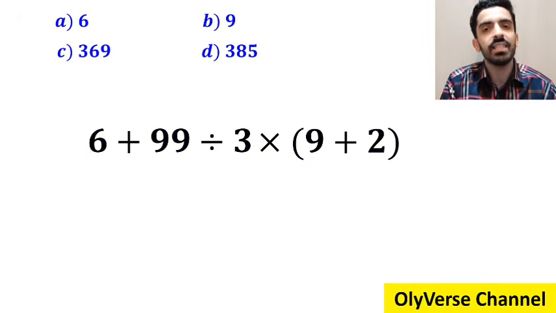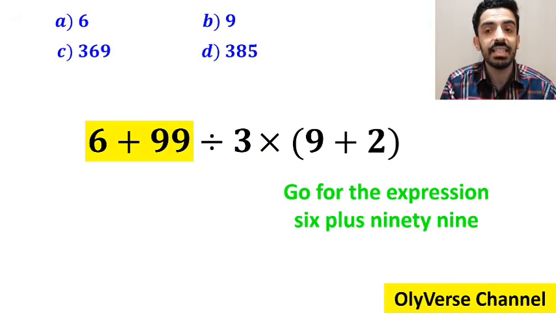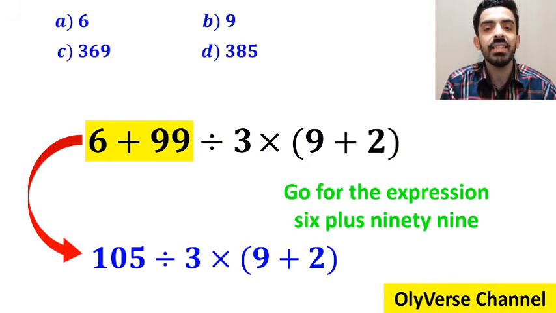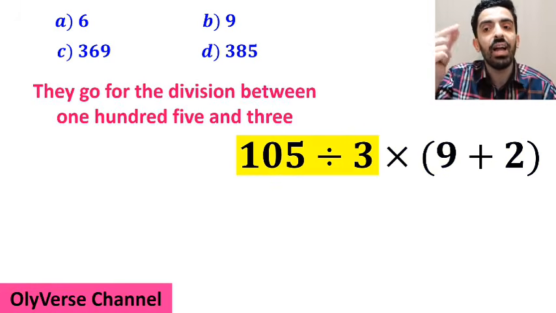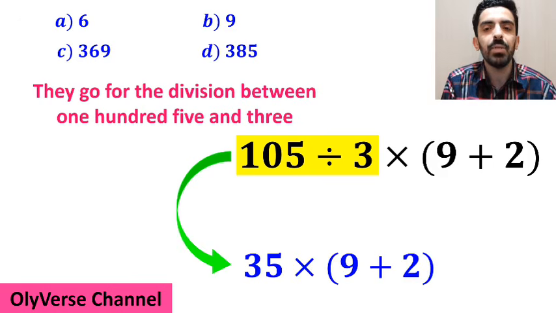Many people, when solving this question, first go for the expression 6 plus 99 and write this expression as 105 divided by 3 times 9 plus 2 inside the parentheses. And the next step, they go for the division between 105 and 3. And this expression simplifies to 35 multiplied by 9 plus 2 inside the parentheses.